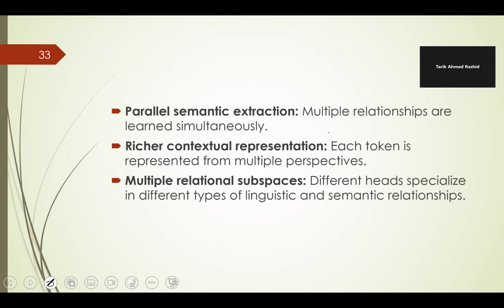So we will have multiple relationships learned simultaneously, and we have a richer contextual representation. Each token is represented from multiple perspectives and multiple relational spaces, because different heads specialize in different types of linguistic and semantic relationships.